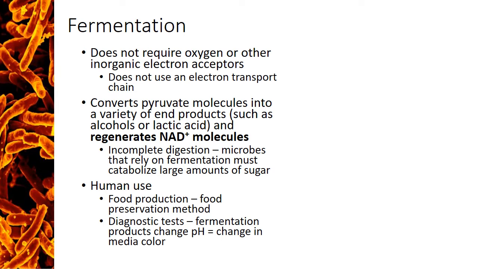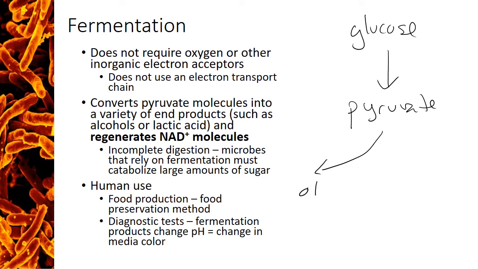First, we'll look at the fermentation branch, because that's the shorter of the 2 options. Fermentation does not require oxygen or any other inorganic electron acceptors that may be powering an electron transport chain. Instead, it's going to take the pyruvate that had been produced from glucose, and it's going to convert it into some other product.